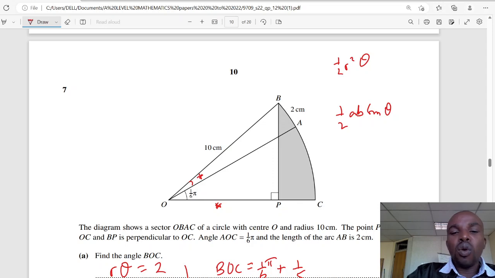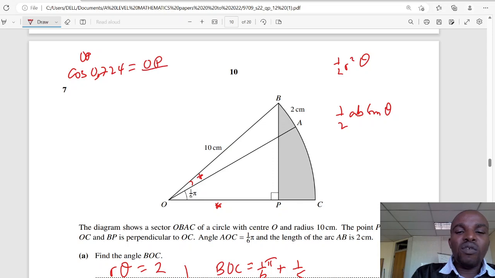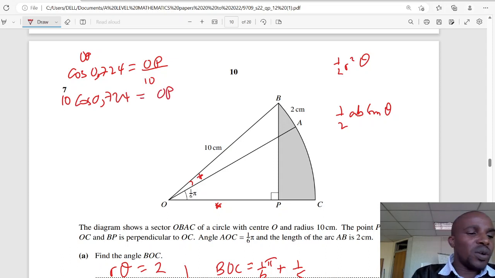To find this side OP, OP is adjacent to the angle, and OB is the hypotenuse. Adjacent over hypotenuse is cos. So cos of the angle 0.724 equals adjacent OP over hypotenuse 10. So 10 cos 0.724 equals OP. Now you can find this in your calculator.